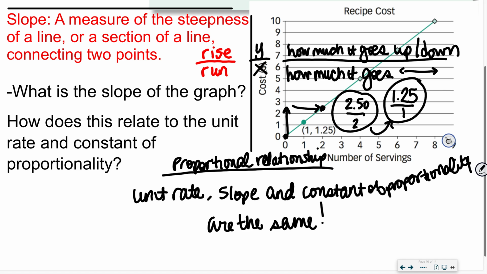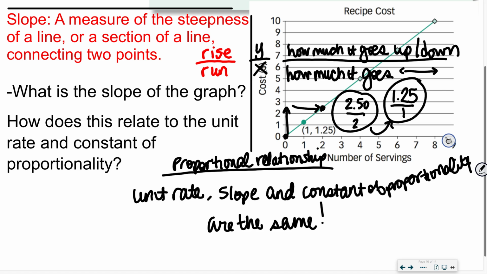And when we add the anchor chart to the wall, I'll show examples, just like what we did today with the table, the graph, and the equation, that in a proportional relationship, your slope is the unit rate. If you find the unit rate of an example, you automatically know the slope.